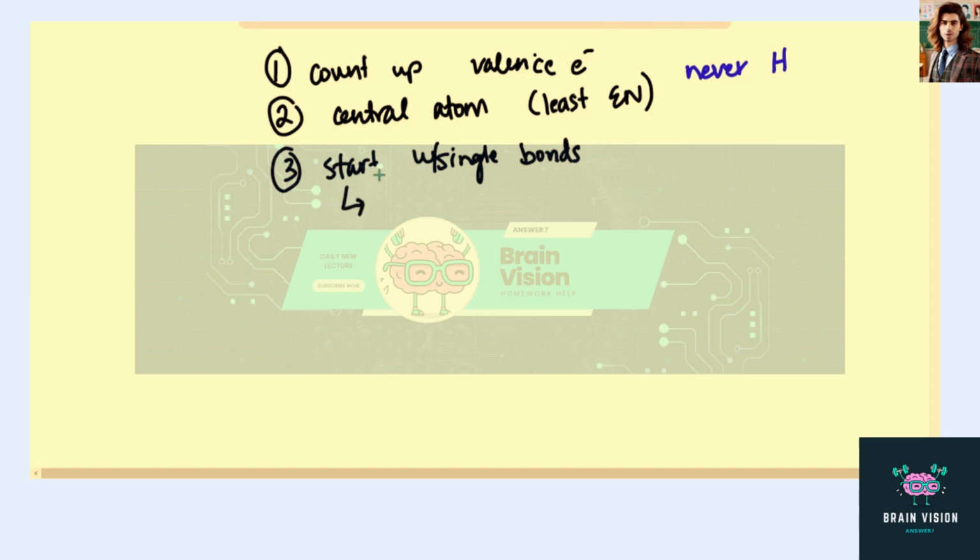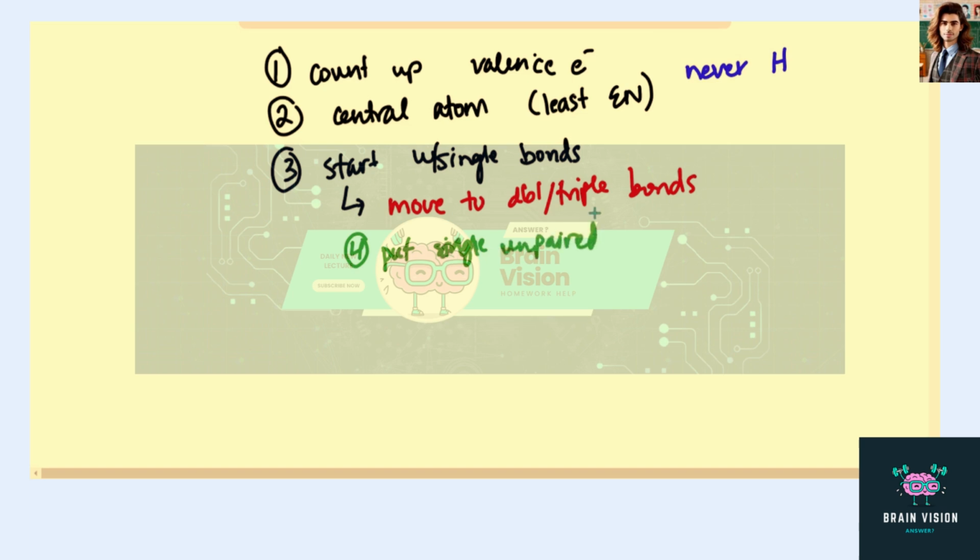If that doesn't use them all up, move to double and triple bonds. And if that still doesn't work, then we put unpaired, non-bonding electrons on atoms, including the central atom.